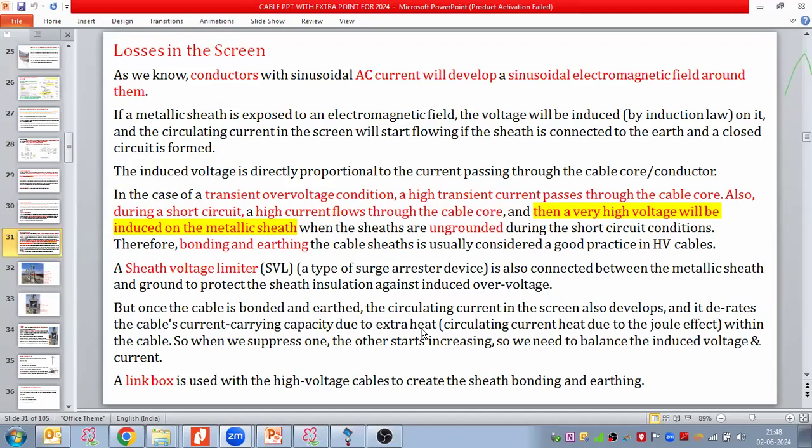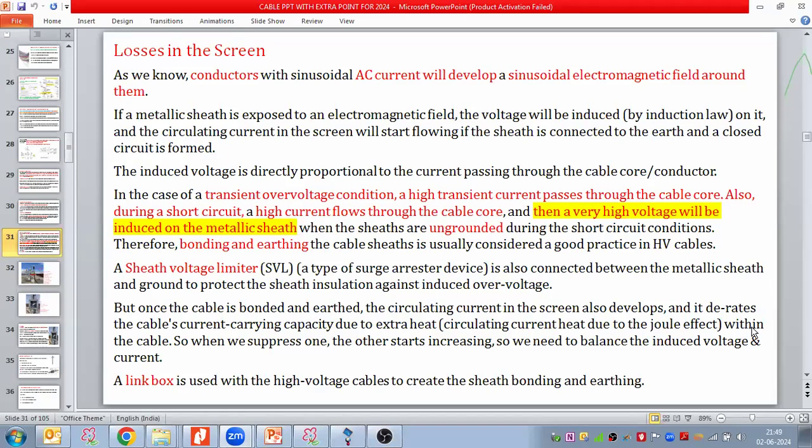This current also produces heat due to the Joule law, I squared R T. So this extra heat is produced in the cable and derates the cable's overall current carrying capacity.